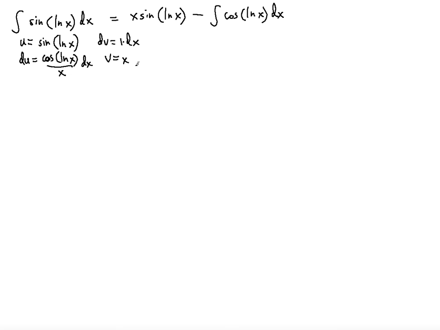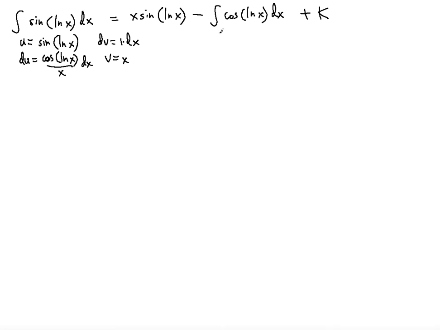So we use integration by parts one more time, and there's also a constant, because we integrated this part. That's the antiderivative, so there's a constant there.